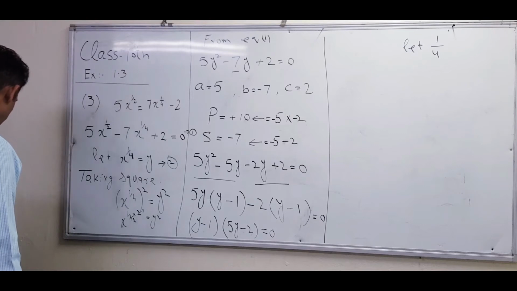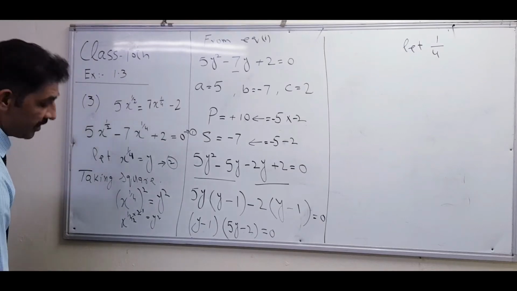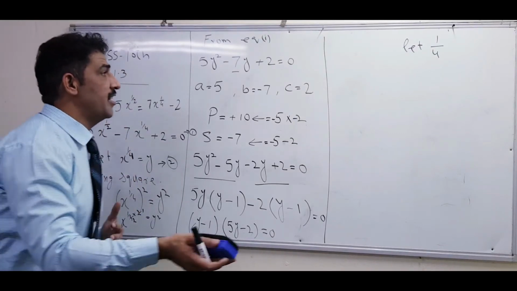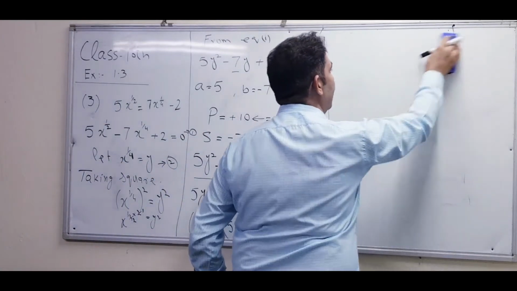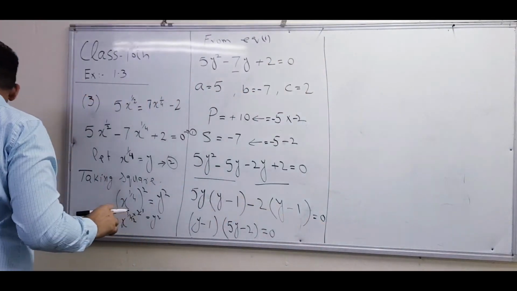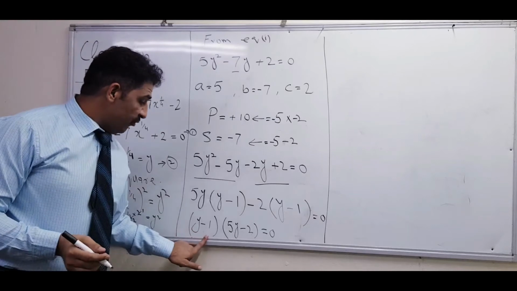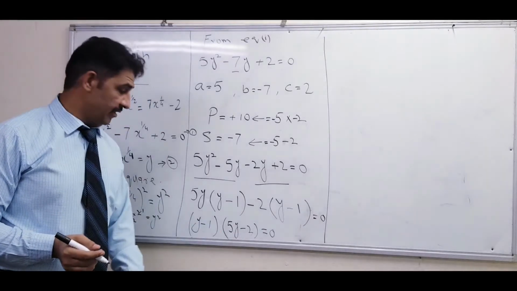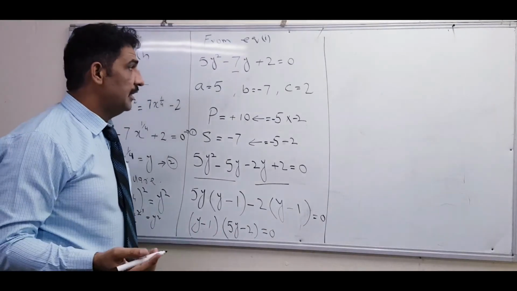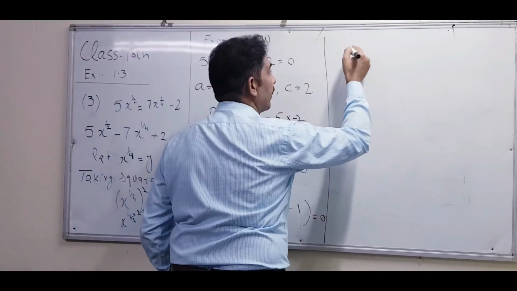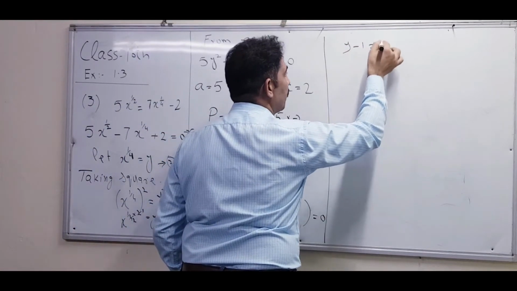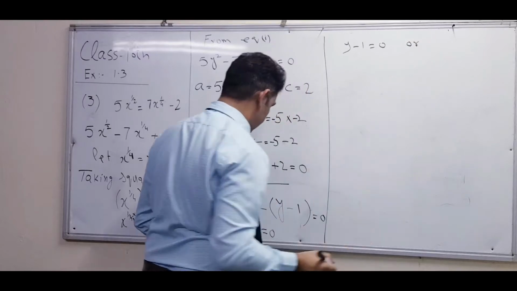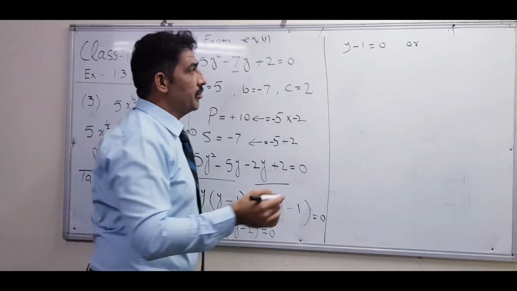After that, first I remove this portion, which I want to use as rough. Now I will explain the next one. Y minus 1 equal to 0, 5y minus 2 is equal to 0. Apply both conditions. Y minus 1 equal to 0 or 5y minus 2 equal to 0.